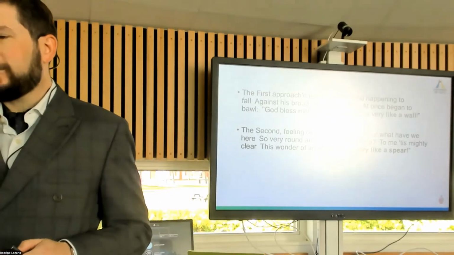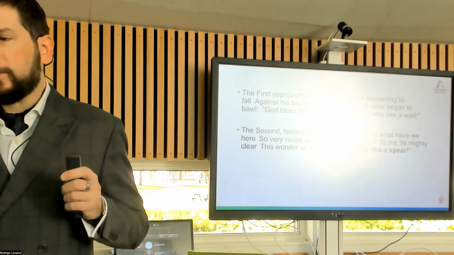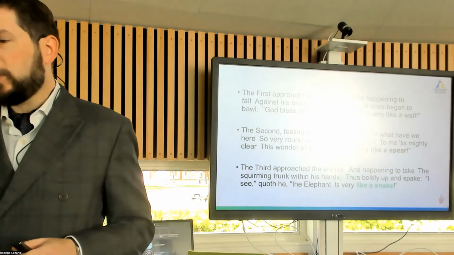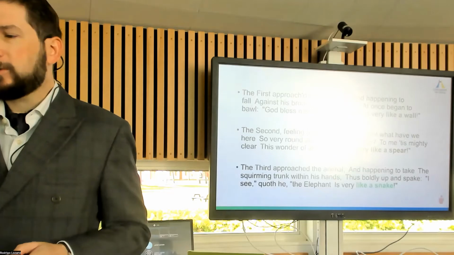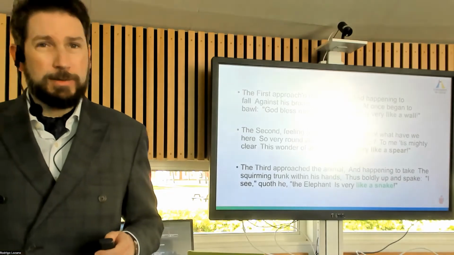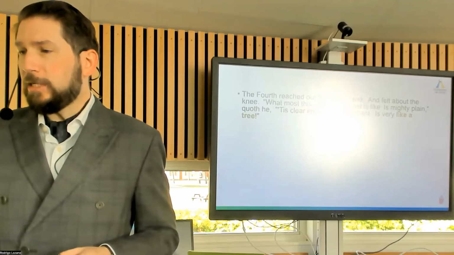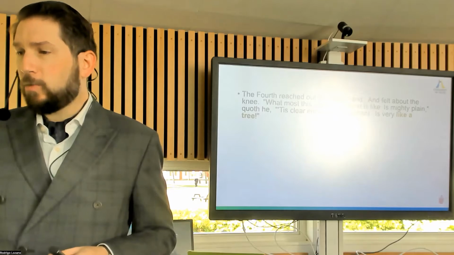Okay, to me, it is mighty clear. This wonder of an elephant is very like a spear. The third approached the animal, and happening to take the squirming trunk with his hand, thus boldly up and spoke. "I see," quoth he, "the elephant is very like a snake." The fourth reached out his eager hand, and felt about the knee. "What most this wondrous beast is like is mighty plain," quoth he.